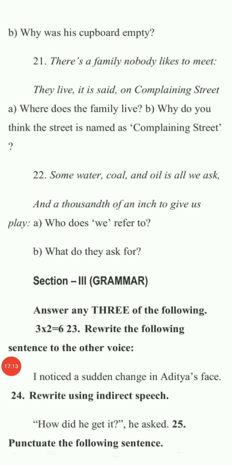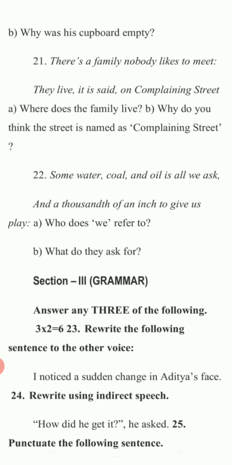Question number 21. "There is a family nobody likes to meet. They live, it is said, on Complaining Street." Based on those lines only, the questions. Where does the family live? The family lives in Complaining Street. The answer is here itself.